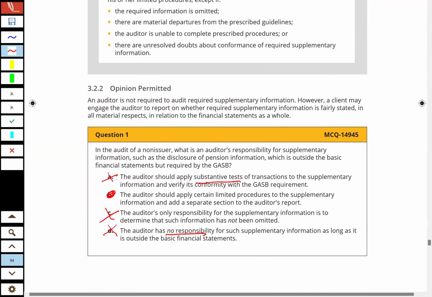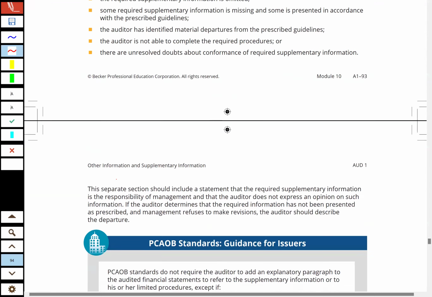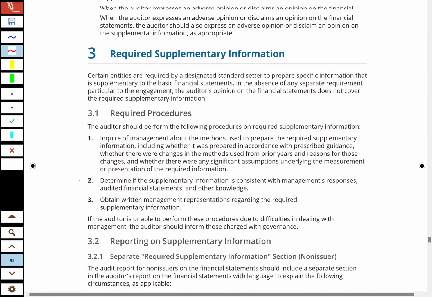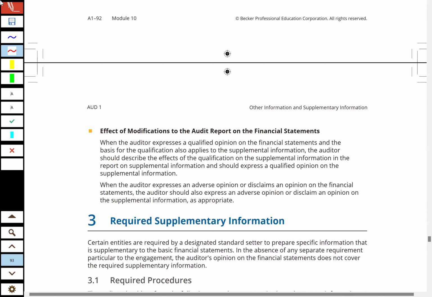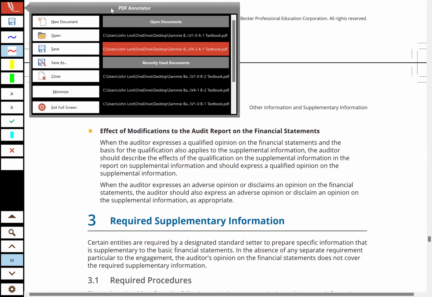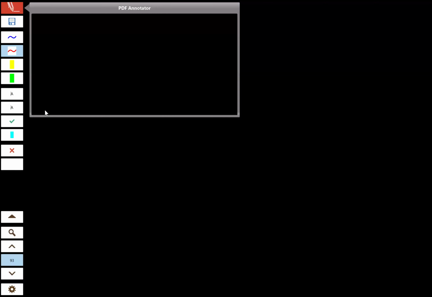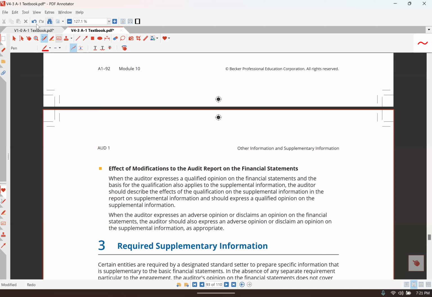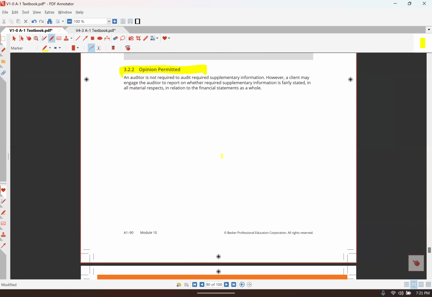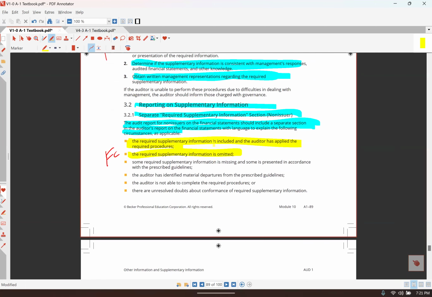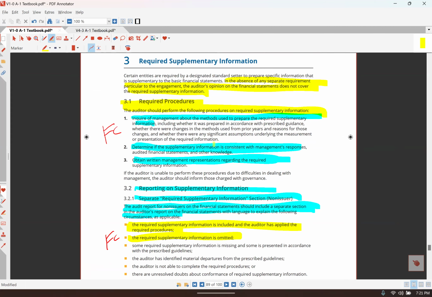I think what would have helped with this question, and I have it written in my notes, is something I forgot to show you. Let me go back to the current textbook, and let's call these what they are: limited procedures.